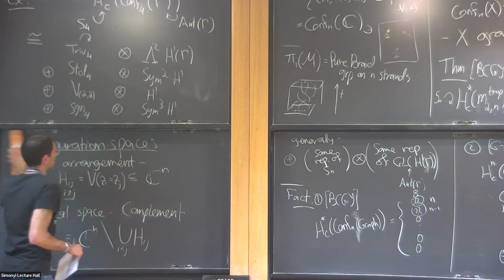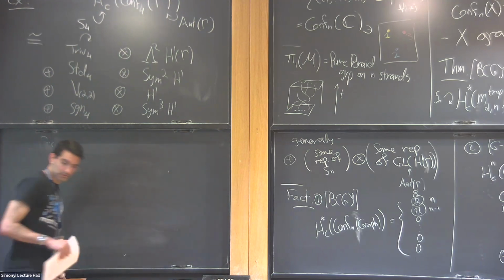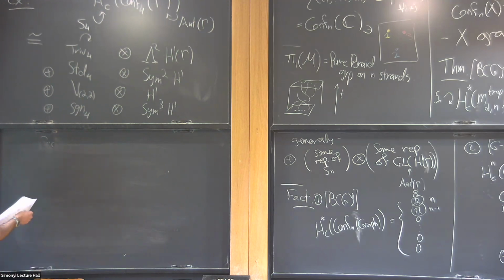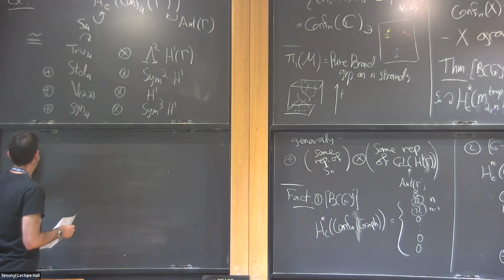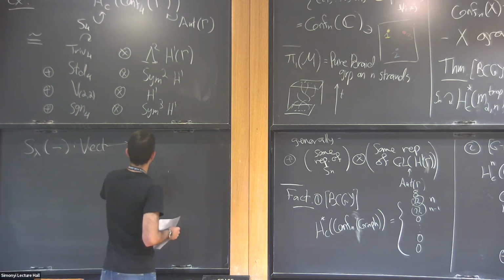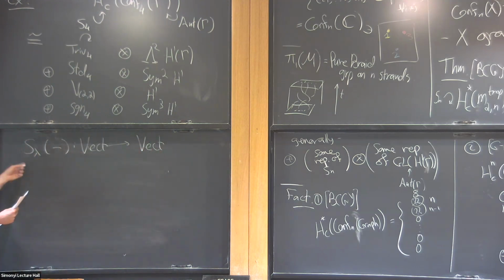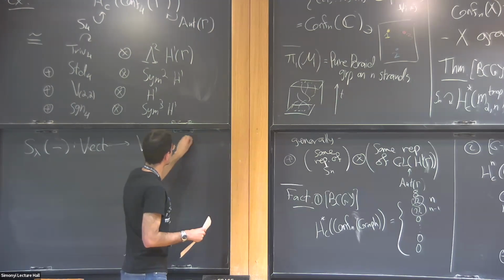Every one of those, you have a representation. For every partition, you have a functor from vector spaces to vector spaces, and these are called Schur functors.